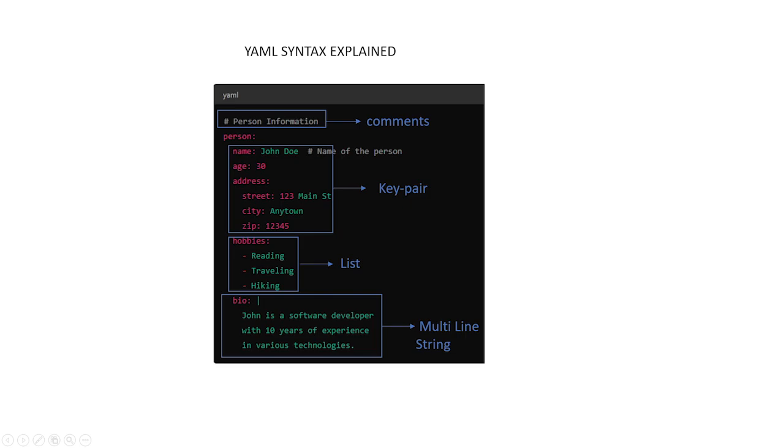Then we have a main entity, right? Here in the example, person is the main entity. Okay. After the main entity, we have some key value pairs, just like name is the key, and it is paired with John Doe.